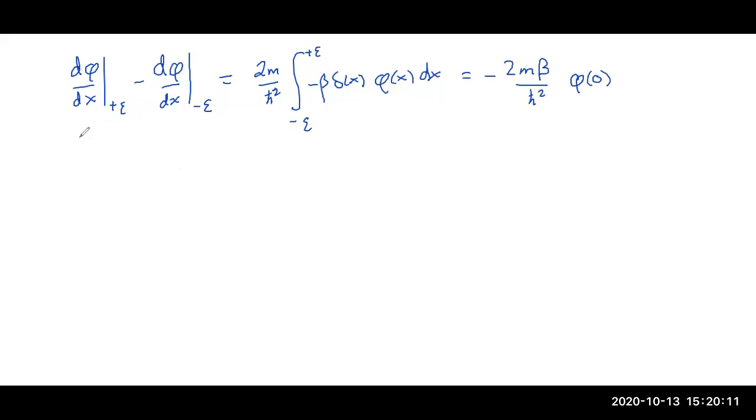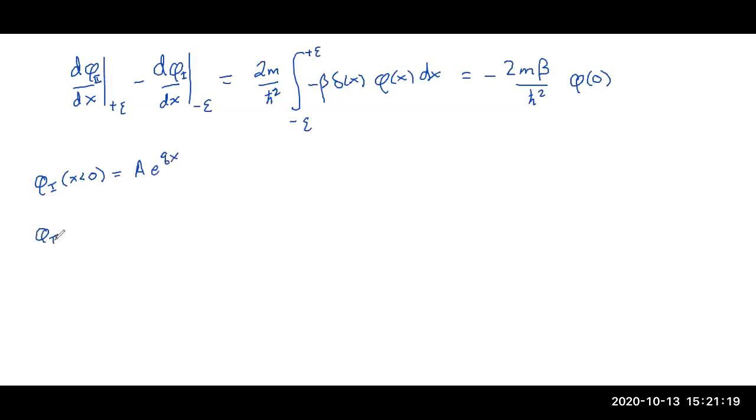And then I know what these, I can look at these derivatives. This is the derivative from the positive side, that's region 2. So region 2, and this is region 1. All right, so phi 1, which is when x is less than 0, is equal to a e to the qx.